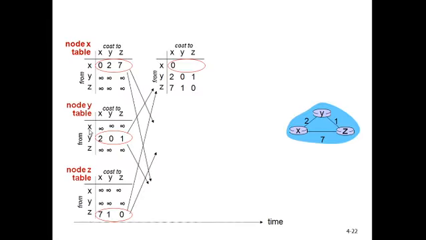Then Y is going to share its personal information with X and Z, and Z will share its personal information with Y and X. So first, you can see the X node has the information of Y and Z. That means Y and Z both are sharing their information with X, and X has its own information here.